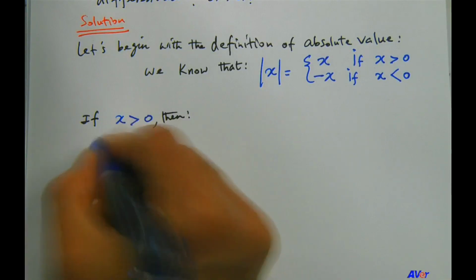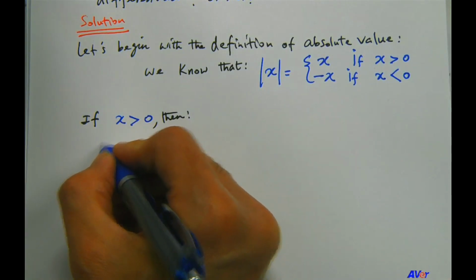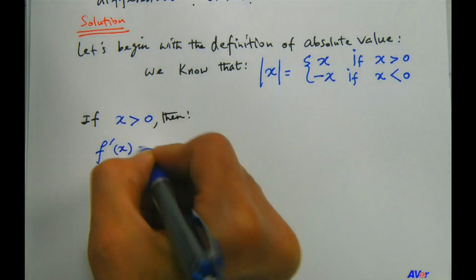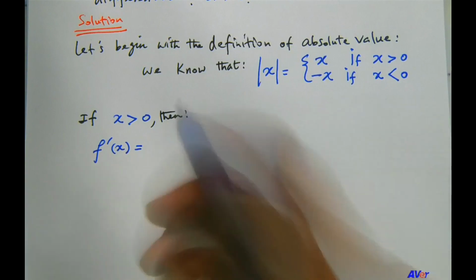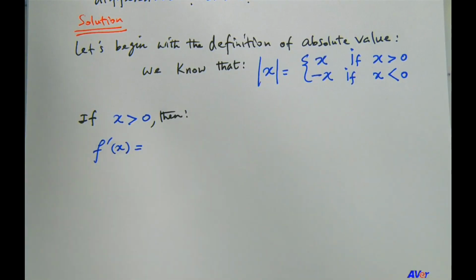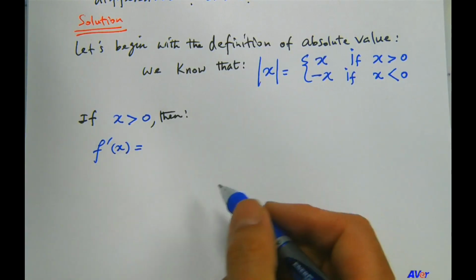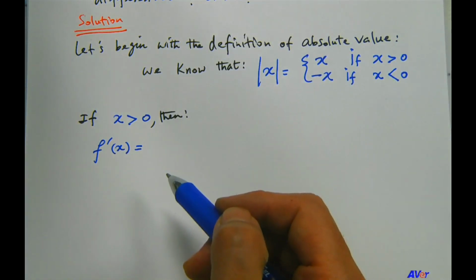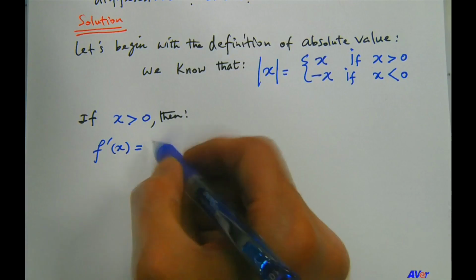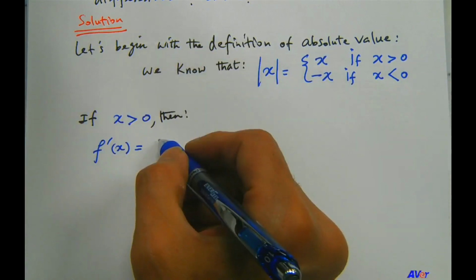Then we can say that f prime of x, and we're going to use for now the definition of the derivative. But as you'll find later, in later sections, the definition of the derivative is not the only technique we can use to find the derivative of a function. But for now, let's use the definition of the derivative.